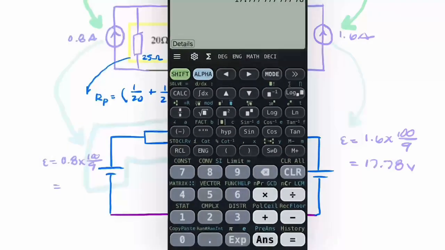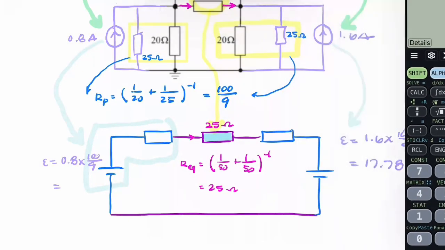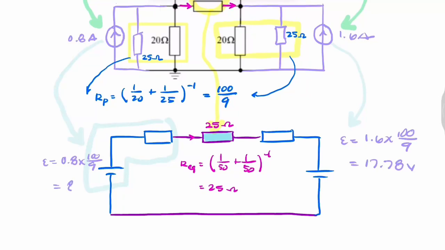That gives you 8.89. So now we have a simple circuit with 2 voltage sources and 3 resistances in series.